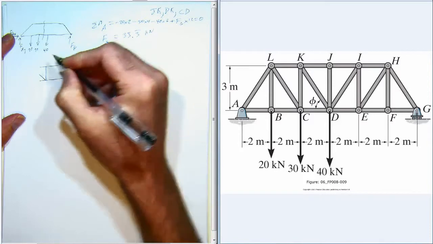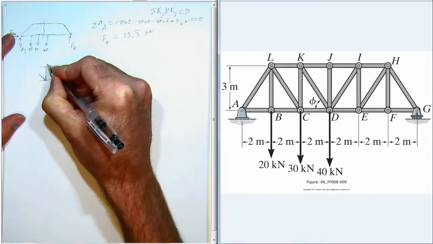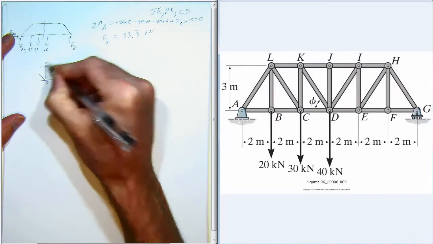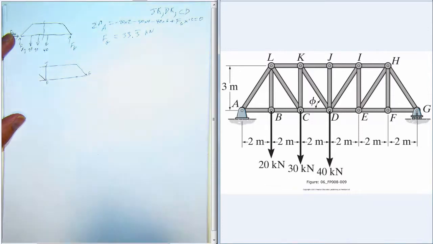Okay, so here we have point J, and here's D, and here's G. And I just left off all the other members. We're considering this as a rigid body, and we don't care about those internal forces, so I'm not going to bother drawing the other members.